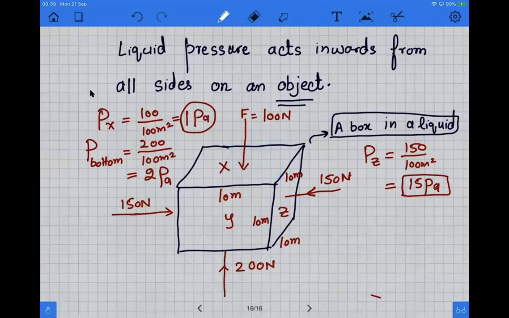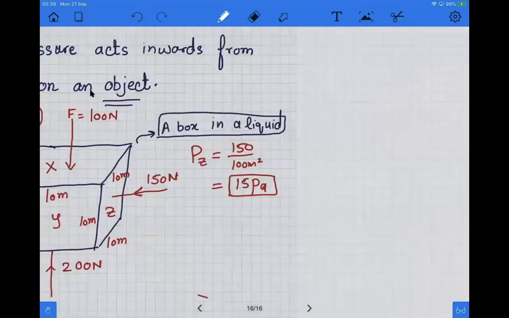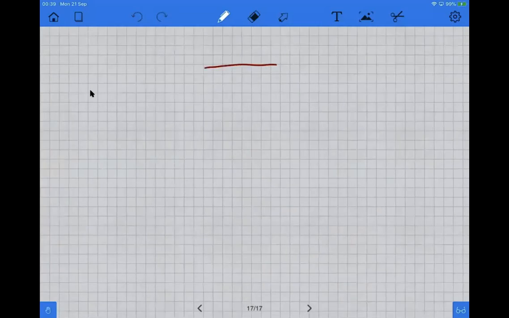Now I have to discuss one important thing: the pressure on the side faces. Let me draw the whole box and let's discuss the pressure on the side faces.